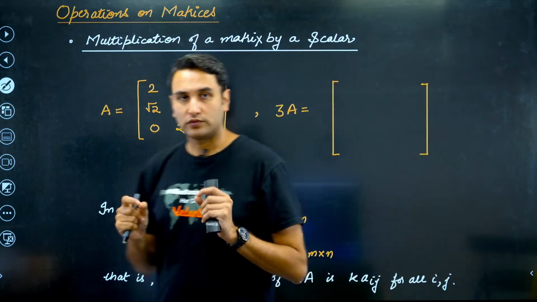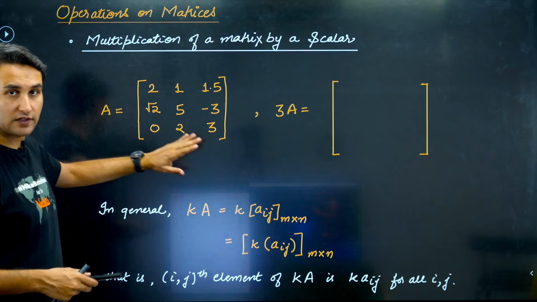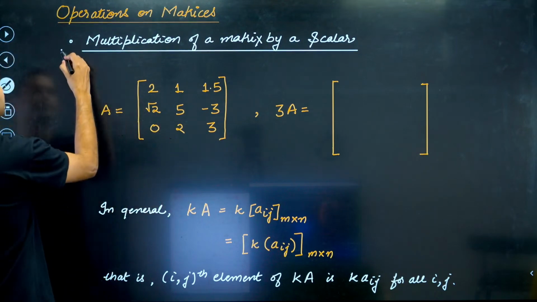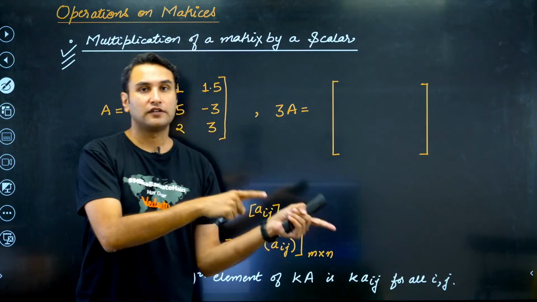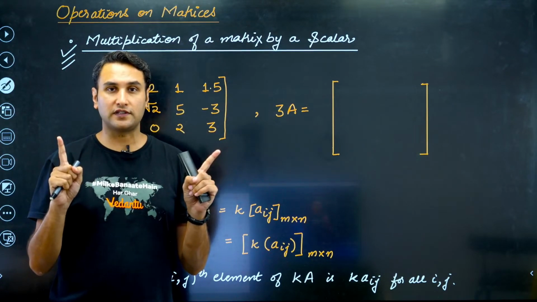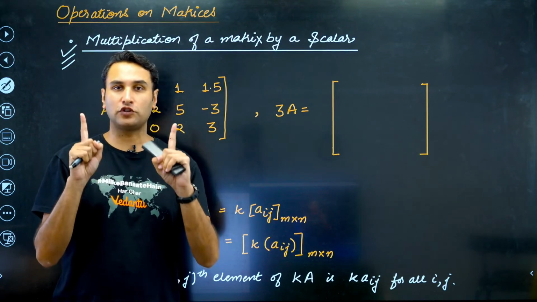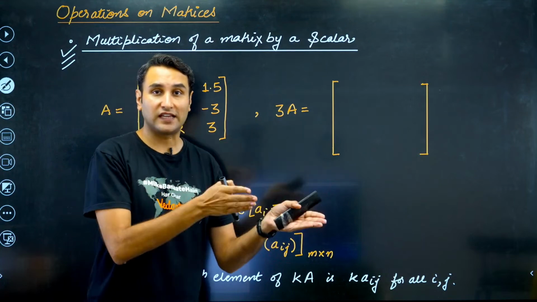So, the important thing to study here is, if you have a matrix A, what are we studying? We have studied addition, now we are studying multiplication, not of two matrices, but multiplication of a matrix by a number, by a scalar, not a variable.